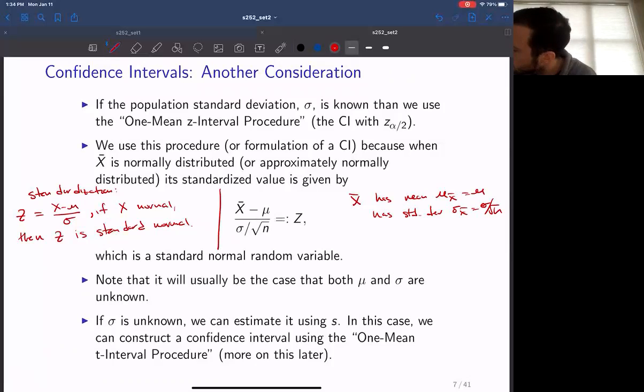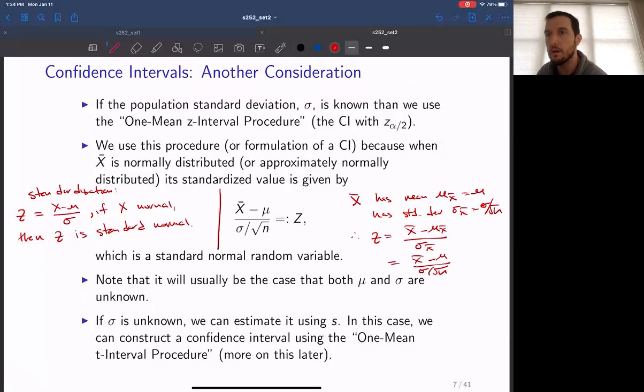So z is equal to x bar minus mu x bar over sigma x bar, which is x bar minus mu over sigma divided by the square root of n. If sigma is known, you have a proper standardization. So if x bar is normal, then you have a z-score. And that's the rationale for why we use a z-score when sigma is known, because you're performing a proper standardization of the random variable x bar.